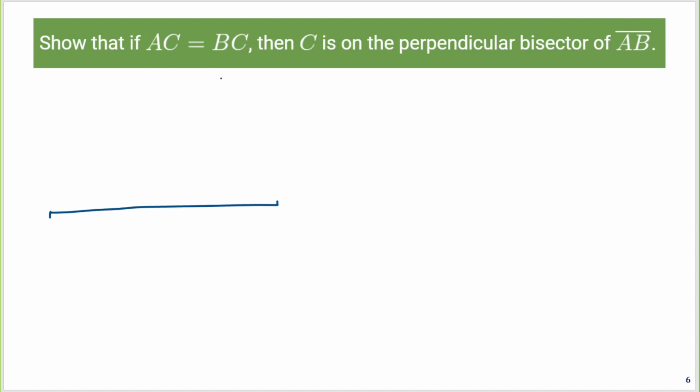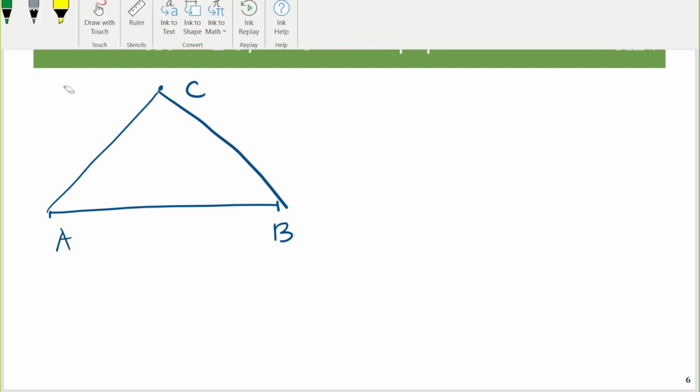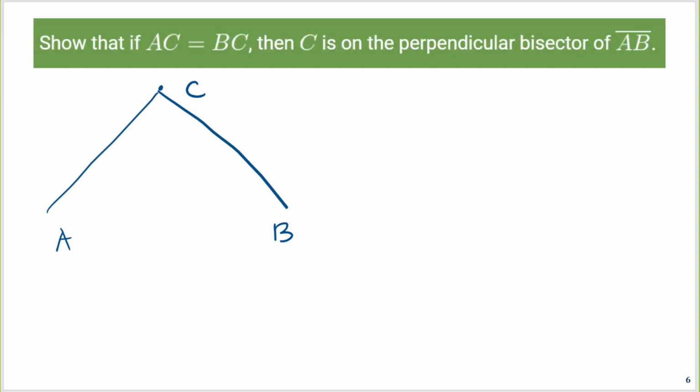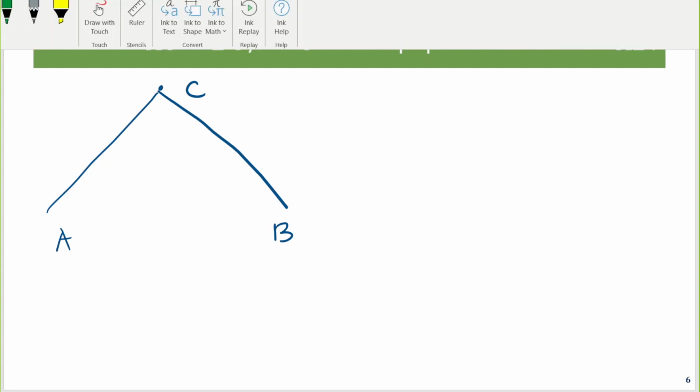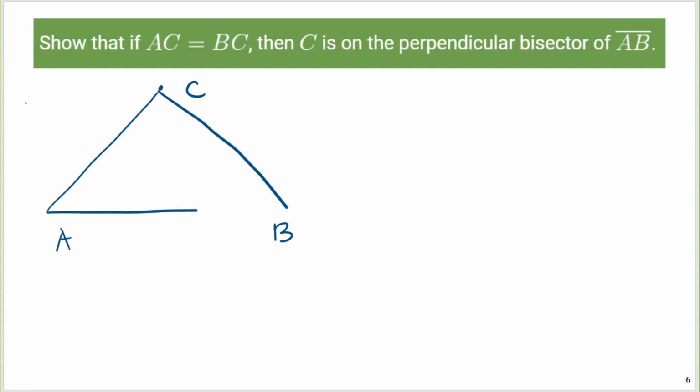So for example, we have a segment AB. If we know AC equals BC, can you conclude C must be on the perpendicular bisector of AB? Or can you prove that? Again, I'll give you 1 minute to think about that, and after that, we'll have a look at the solution together.